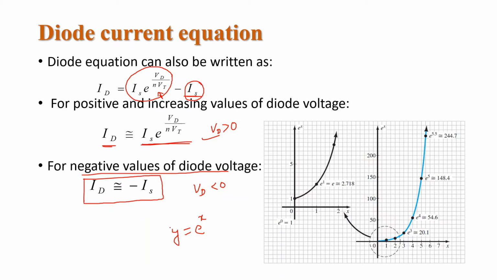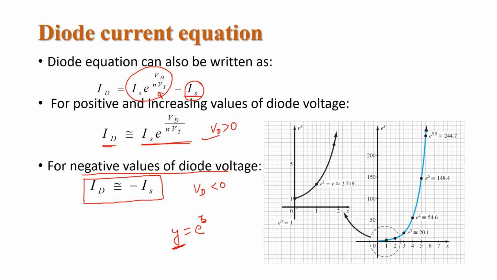In an exponential relationship, even a small increase in x gives a large increase in y. Such is the nature of an exponential function. For a very small increase in x, there is a large increase in y.